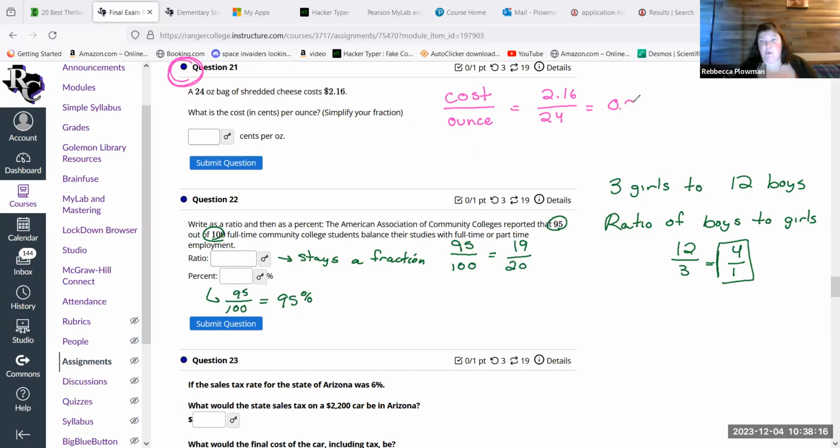So we end up with 0.09. And because this is cost per ounce, this means the cost is 9 cents for every ounce.